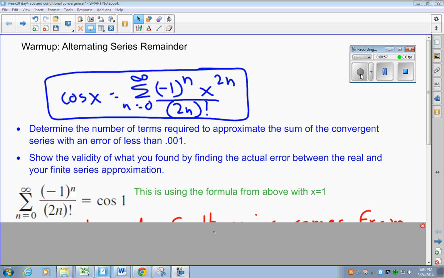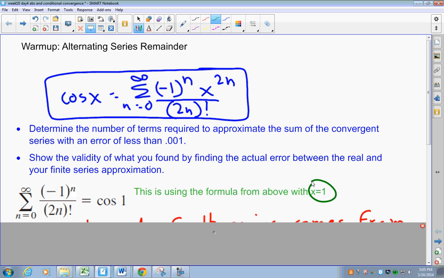So I want you guys to try this warm-up out. Notice the thing in the box, cosine of x, that's just the formula you knew, the Taylor series that creates cosine of x. This whole question wants you to find the number of terms to make the error less than 0.001 for the one down below. Now notice when this says cosine of 1, all that is using x equals 1 in this process.